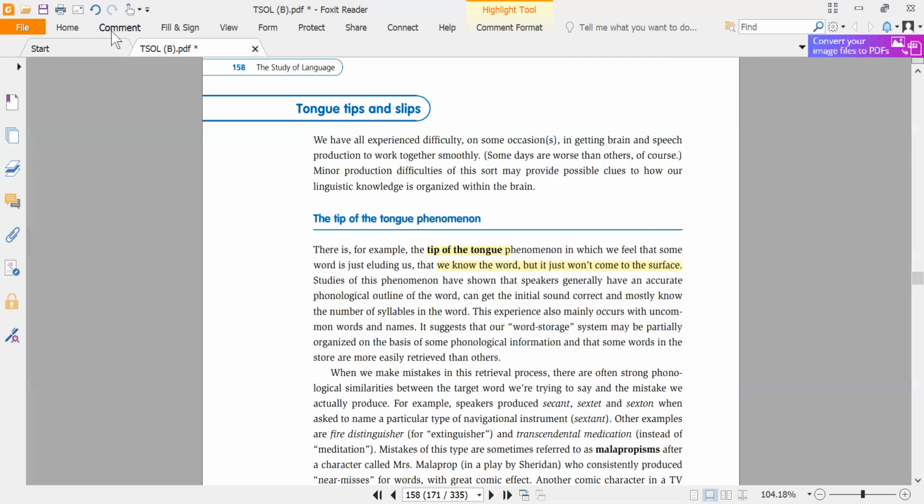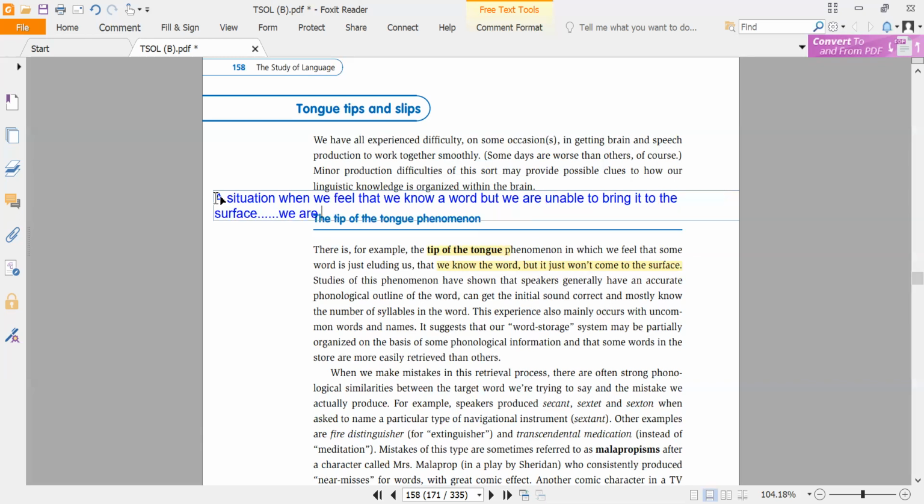So we may define tip of the tongue as a situation when we feel that we know a word, but we are unable to bring it to the surface, or we are unable to utter it.